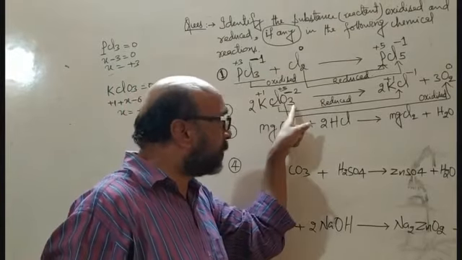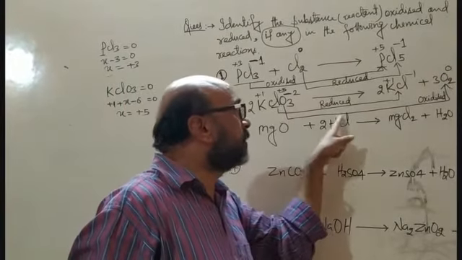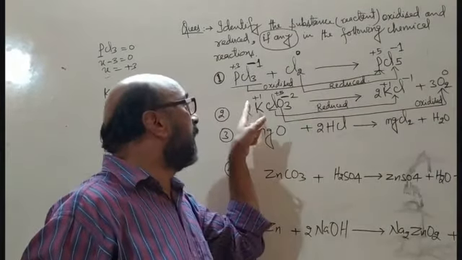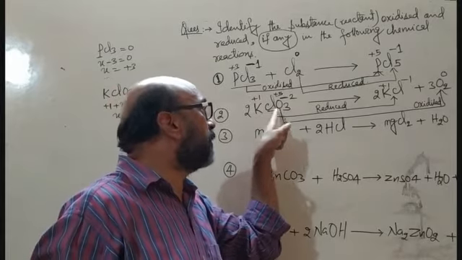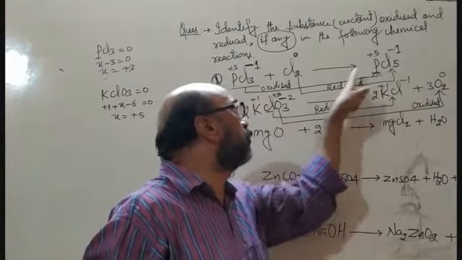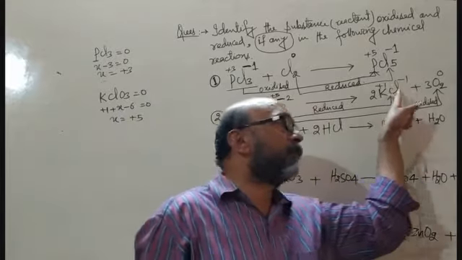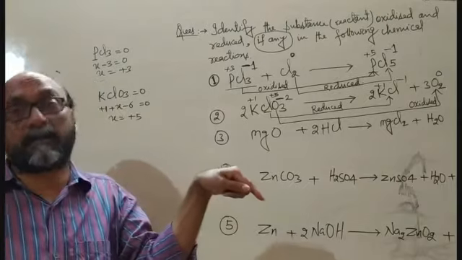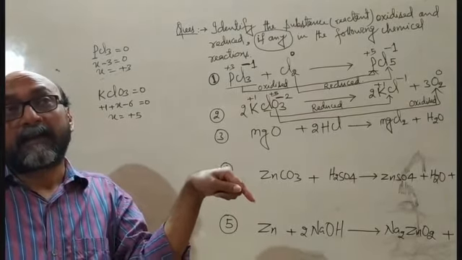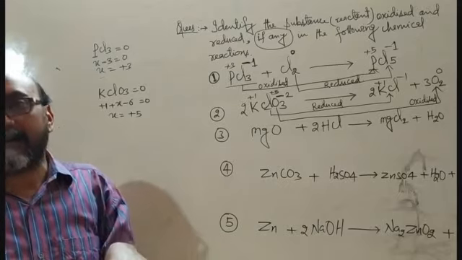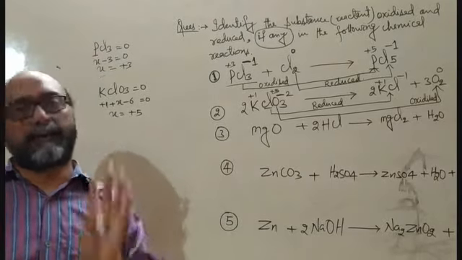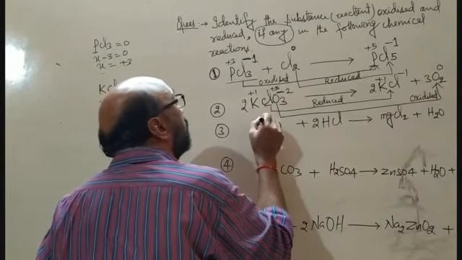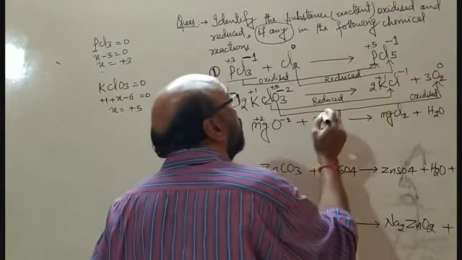Therefore, KClO3 undergoes oxidation due to the change of oxidation state of oxygen, and the potassium chlorate undergoes reduction due to change in the oxidation state of chlorine. Clear? Here the same substance is oxidized and reduced.